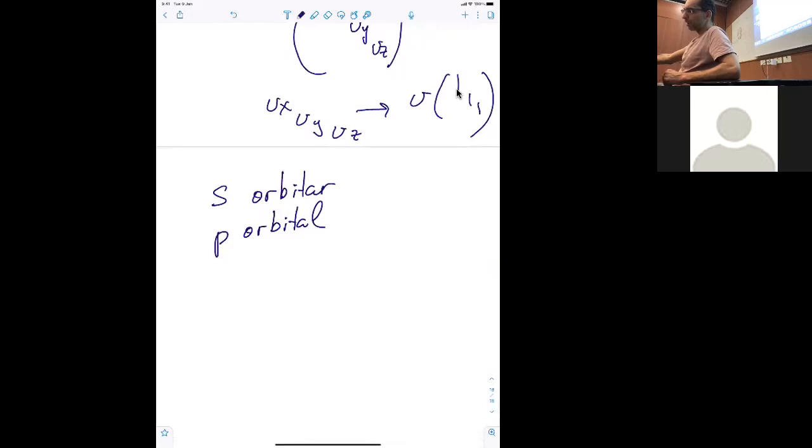Now, an s orbital is completely symmetric, so under inversion it has an eigenvalue +1, and the p orbital, angular momentum 1, is anti-symmetric with respect to inversion.